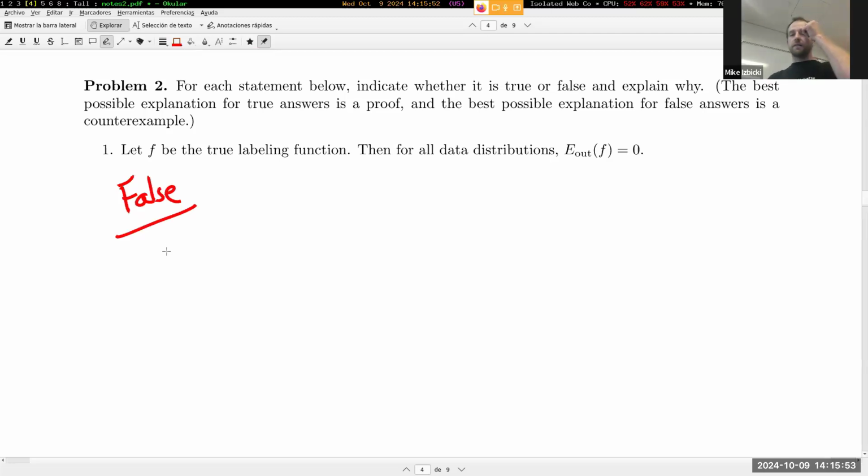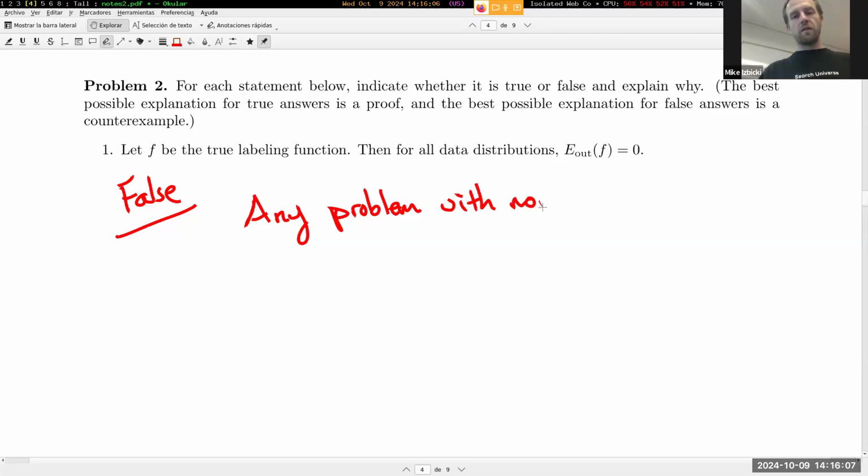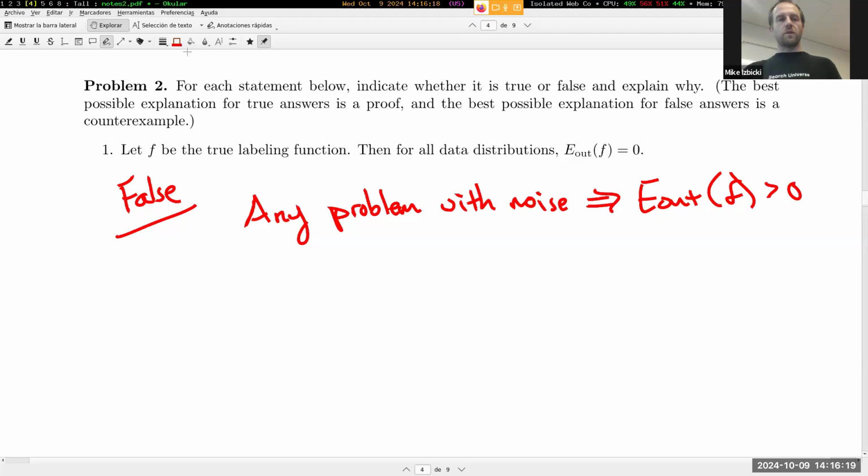And the reason for that is that any problem with noise will have our E out of f strictly greater than 0. And that was one of the equivalent definitions of noise.